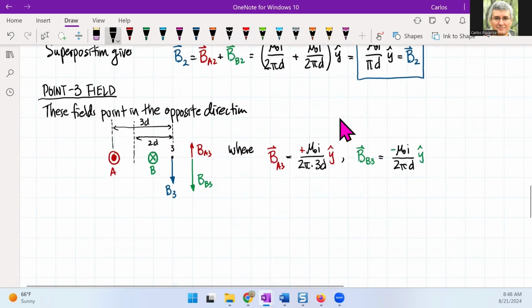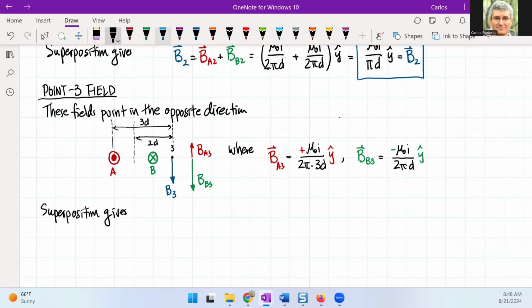Following superposition again, this gives us then that B3 is then going to be the combination of these guys. So in this case, I'm going to get a positive BA3 minus BB3, and this will all be in the y direction.